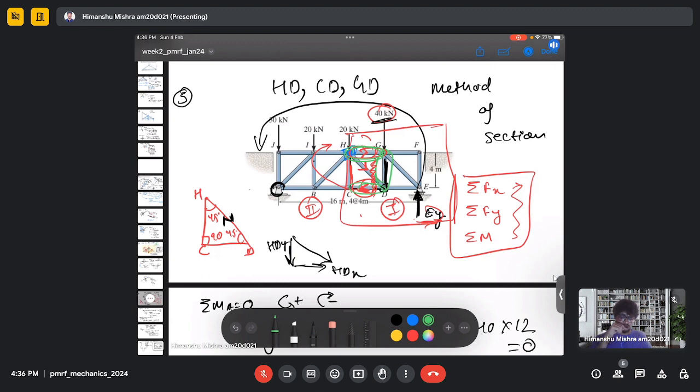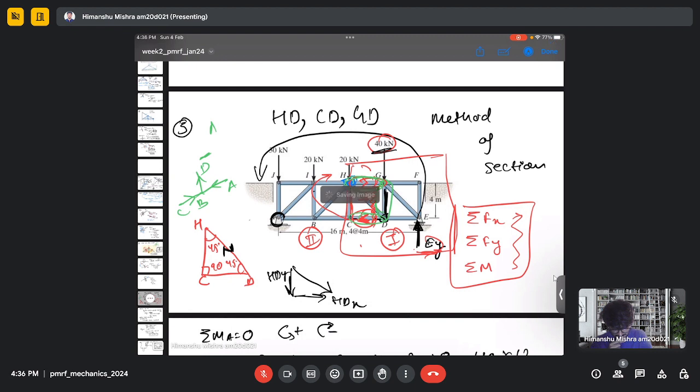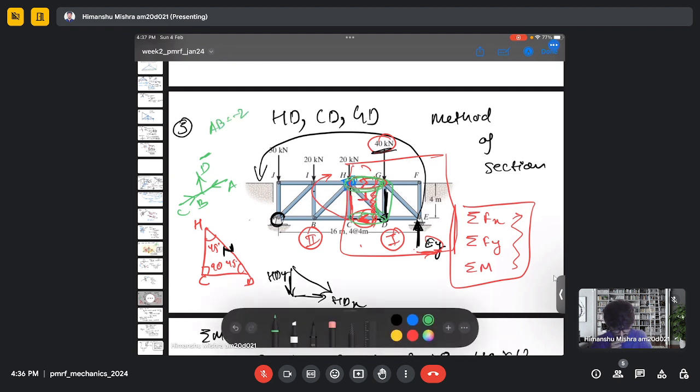If you get the minus direction, then you can correct your previous direction. For example, let's say this is my A, this is my B, this is C, and this is D, and I assign this direction like this. Let's say you get AB as minus 2, so you can modify the direction into this. Initially, I assign in some random manner.